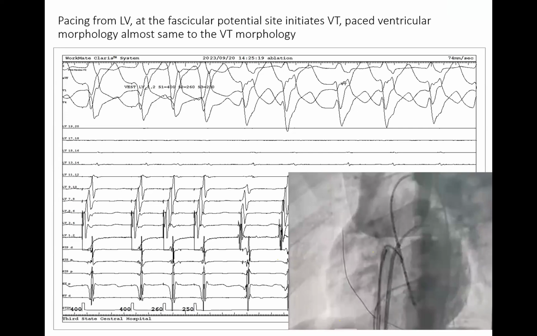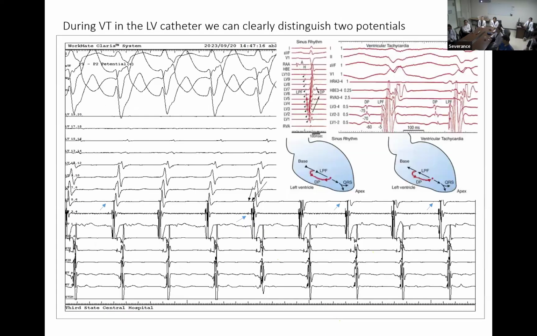Okay, Sarul, an excellent case. How did you differentiate the papillary muscle VT in this case? Well, I thought that papillary muscle VT and fascicular VT have a different configuration. At least the R is much wider compared to fascicular VT.